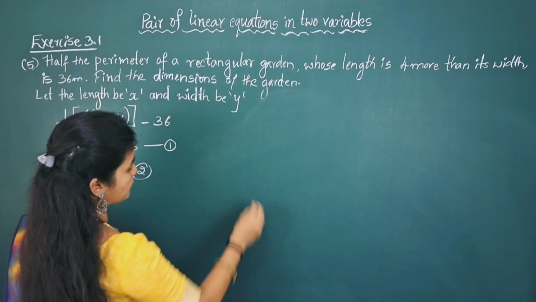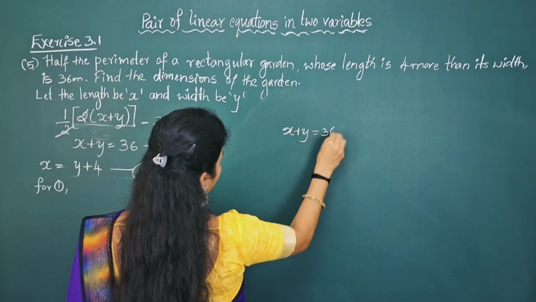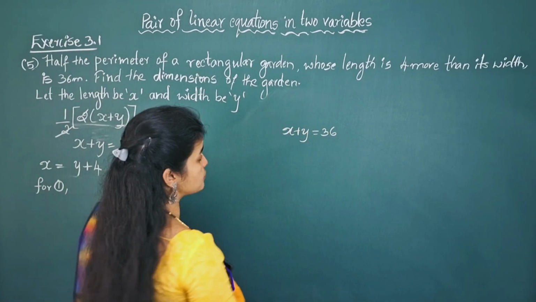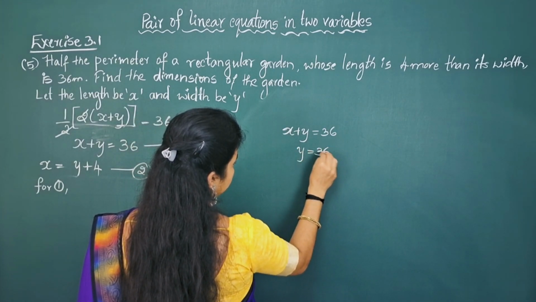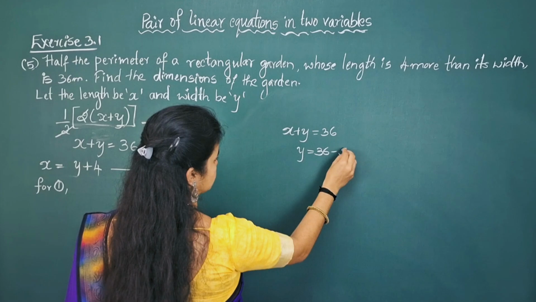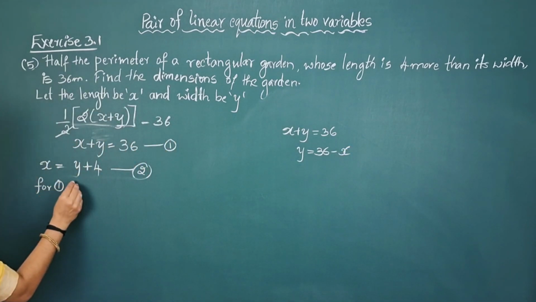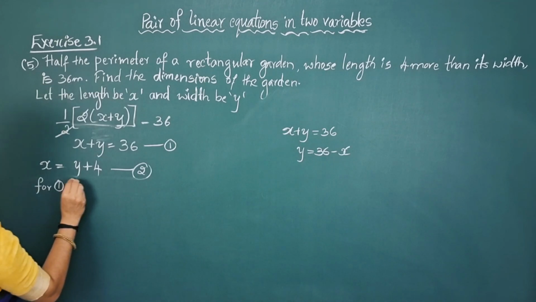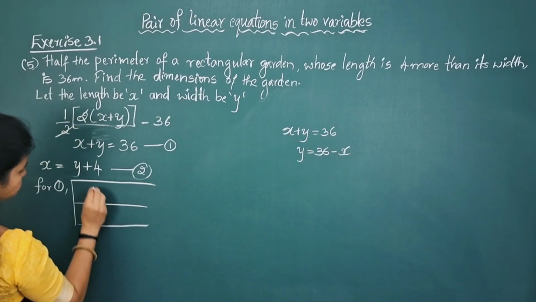For the first equation we have x plus y is equal to 36. ಇದನ್ನ rearrange ಮಾಡ್ಕೊಂಡ್ರೆ you can write y is equal to 36 minus x. So now let us take the values of x and find y. x ಗೆ ಬೇರೆ ಬೇರೆ ವ್ಯಾಲ್ಯೂಸ್ ಅನ್ನ ಕೊಟ್ಟು y ಅನ್ನ ಫೈಂಡ್ ಮಾಡ್ಕೊಳ್ಳುವ.